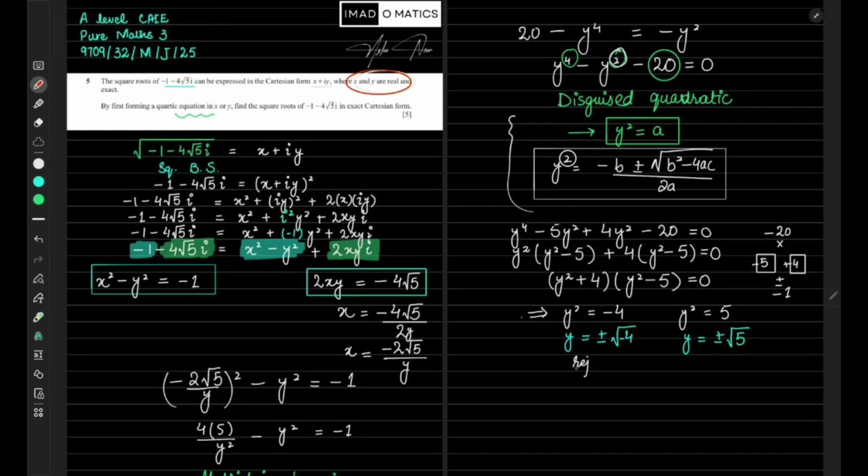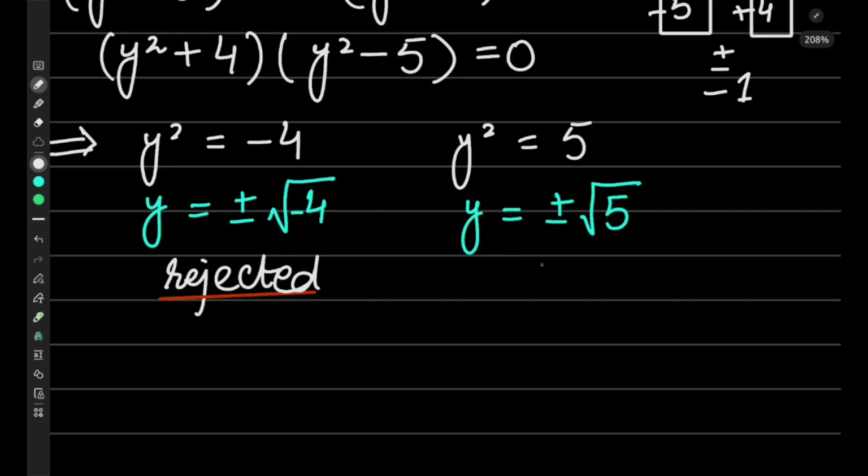Okay, so this will be rejected because when you solve this, y comes out to be plus minus 2 iota, so that becomes the complex one. So now these are your two solutions for y.